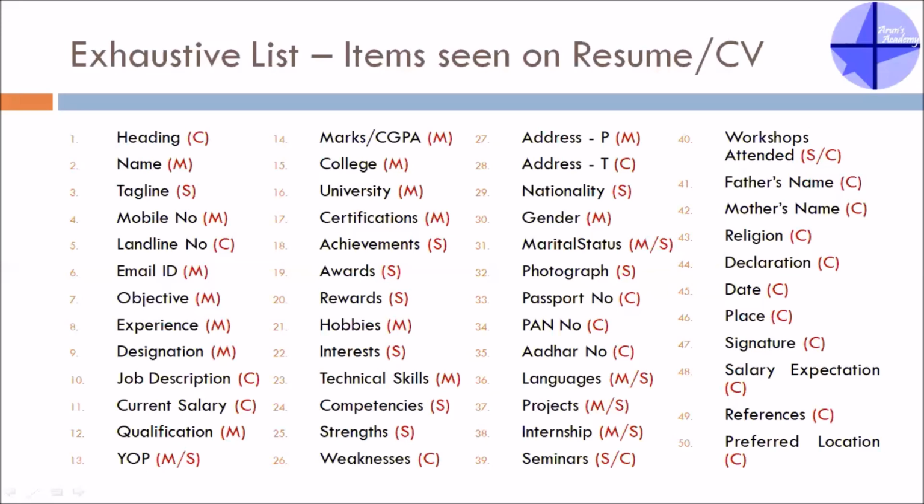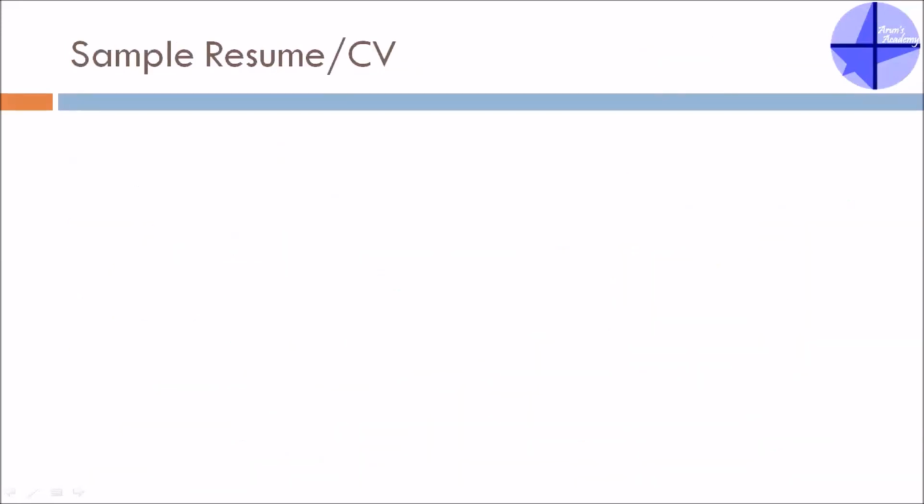If you know 4 or more languages, it becomes a must, or else a should. Projects is mandatory for a fresher but is a should for experienced candidates. Hope this is clear. Pause the video and go through all the points if required.